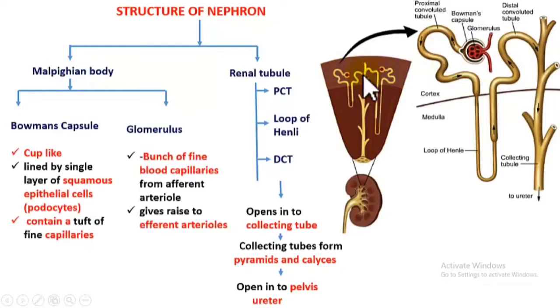If you see here, there are two nephrons shown. These white tubular structures are the nephrons. And their location, if you observe, they are present both in cortex and medulla. A portion of the nephron is present in cortex and a portion in medulla.